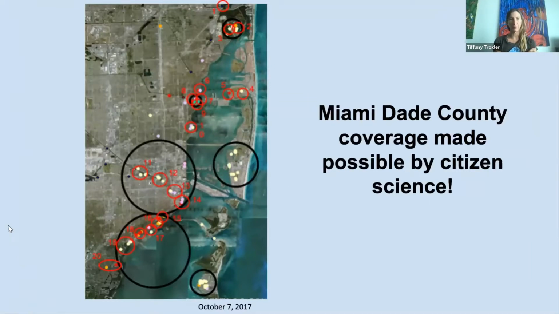And so this is just a quick coverage. I think these are from sampling in 2017. One of the most helpful and impactful aspects of the citizen science work is not only that we get to come together around issues of sea level rise as a community, but we are also conducting sampling that is simply not possible without the power of citizens, to get the wide distribution of sampling sites within a very short period of time.